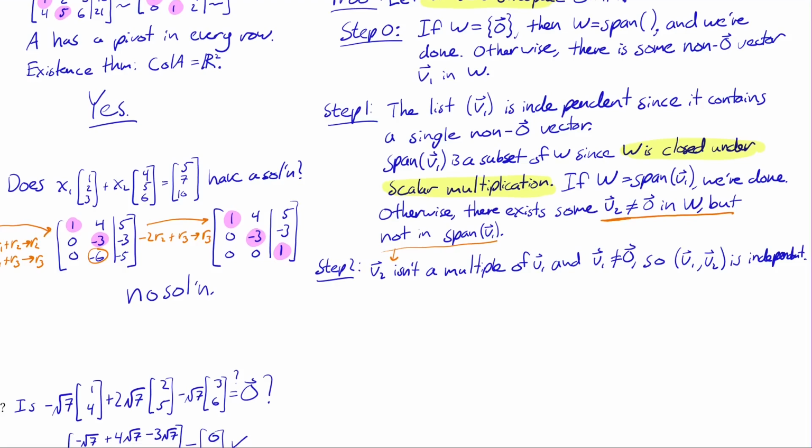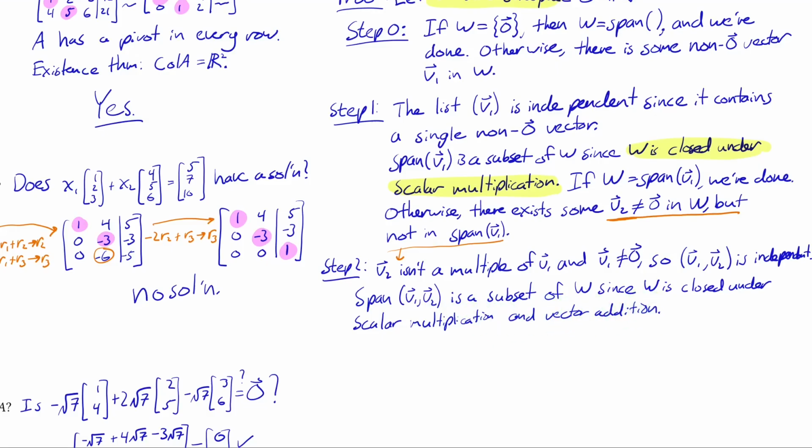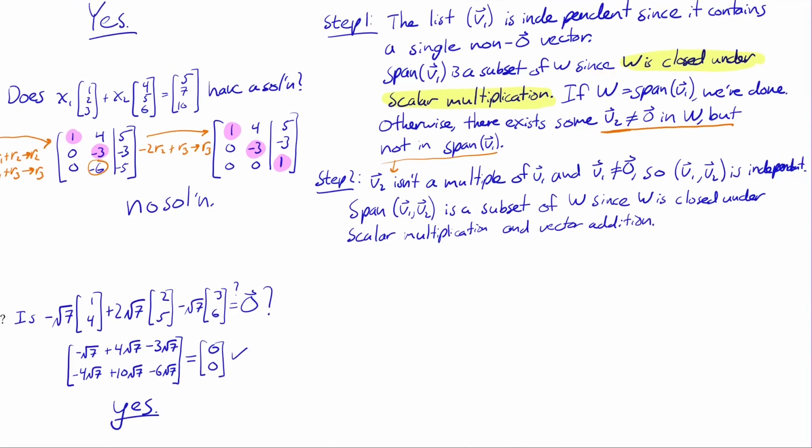And we also know that, again, since W is closed under scalar multiplication and vector addition, any linear combination of these two vectors is still in W. At this point, it might be the case that W is equal to the span of V1, V2.